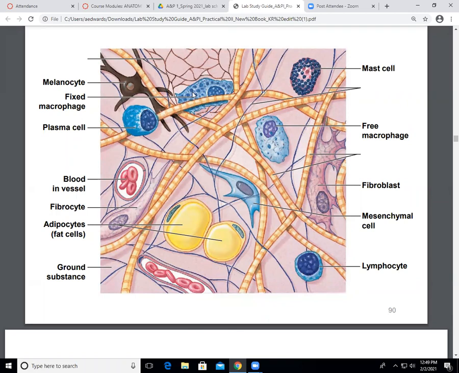It has a lot of connective tissue cells in it. We're going to cover a lot of these, but this one has them all in one picture. So knowing what each of these are, being able to identify them, is something you're going to need to be able to do.